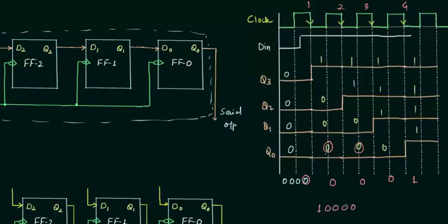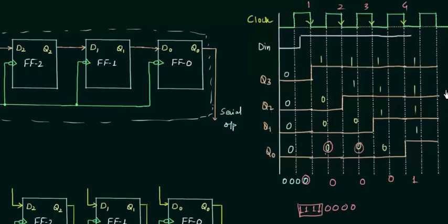This is the LSB. Then again we have 1, 1, and finally the MSB. So in this way we have our data as 1, 1, 1, 1 output from Q0. So definitely we require more than 4 clock pulses to have our data out from the shift register. So this is a drawback because we require more clock pulses.